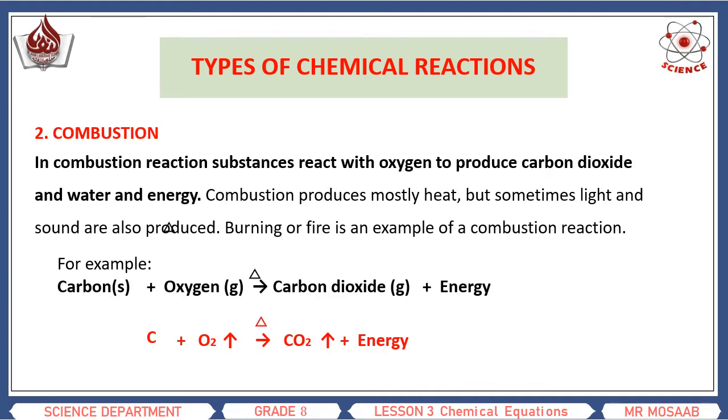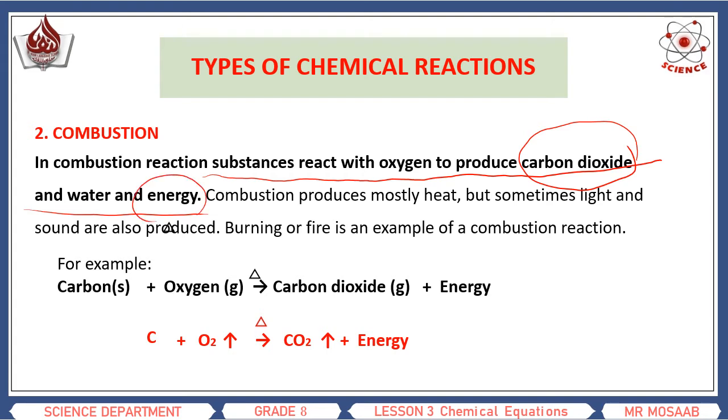Second, we have combustion reaction. Substances react with oxygen to produce carbon dioxide and water and energy. So what is the meaning of combustion? Combustion reaction, when substances react with oxygen to produce carbon dioxide and energy.